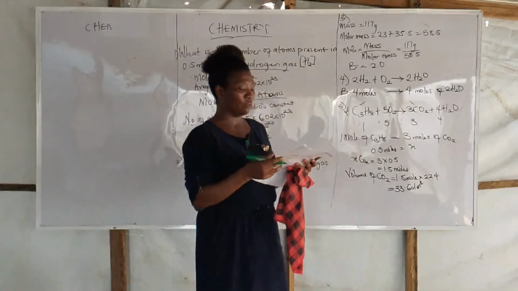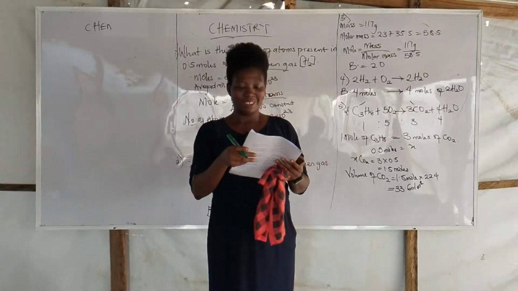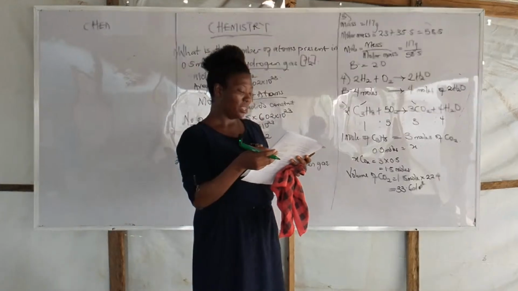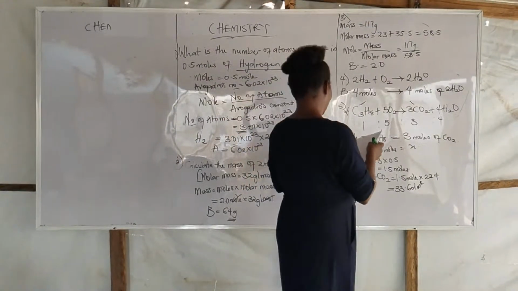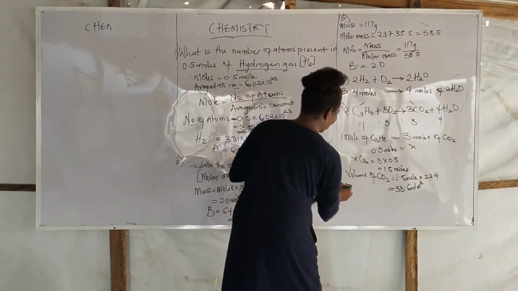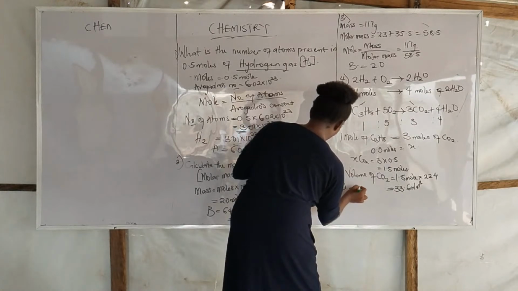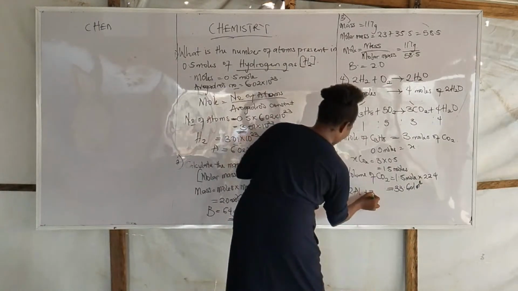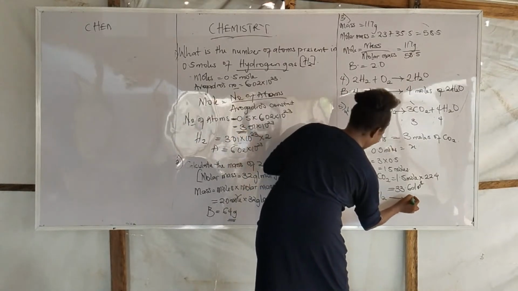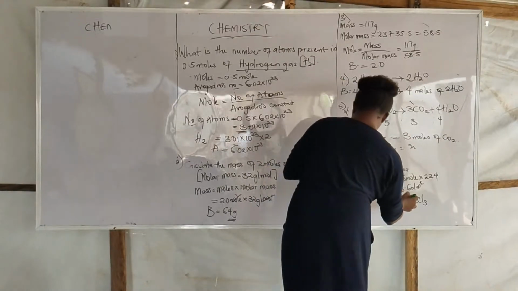Given the reaction of aluminium and chloride. Most people are going to get this now. Direct question, is it not? Okay, so given this reaction, question 6: given the reaction of aluminium reacting with chlorine gas to give aluminium chloride, am I right?